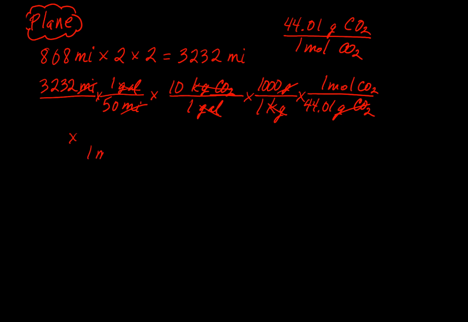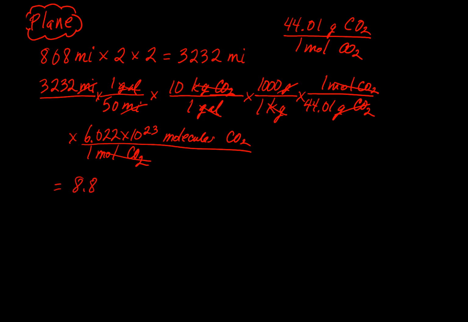And once you're in moles, you can use Avogadro's number to get you to molecules. So the last step in this dimensional analysis is that for every 1 mole of CO2, you have 6.022 times 10 to the 23rd molecules of CO2. So when you do that, the moles will cancel, and you're left with 8.8449 times 10 to the 27 molecules.